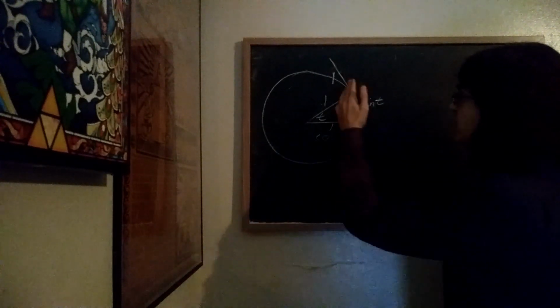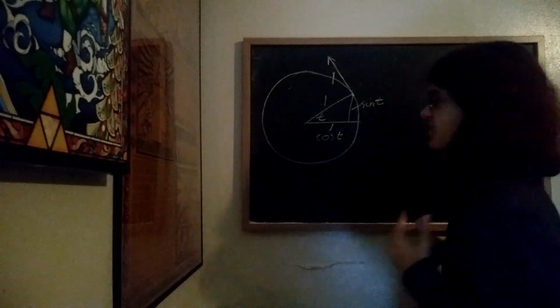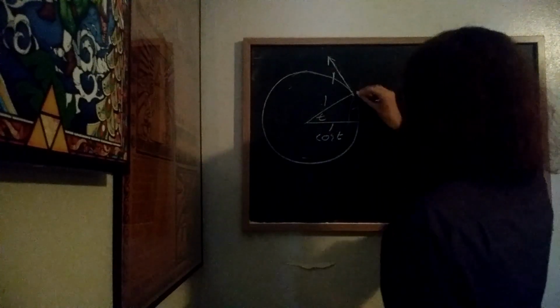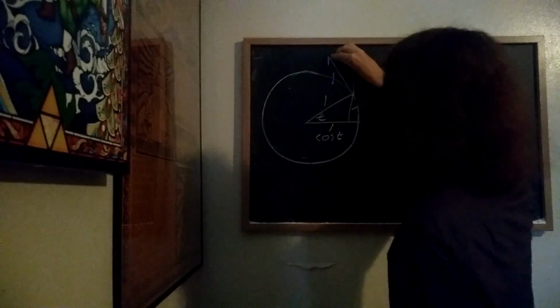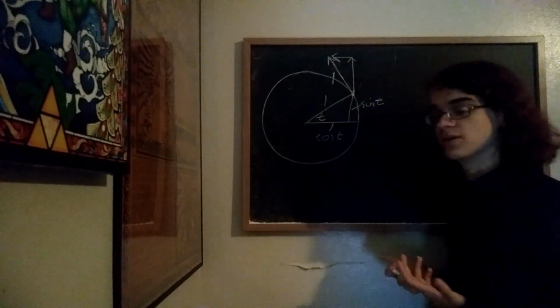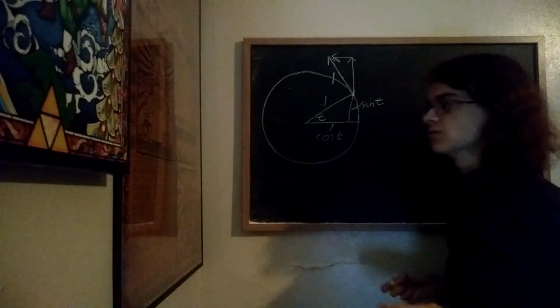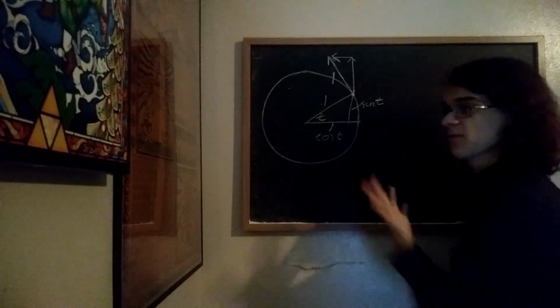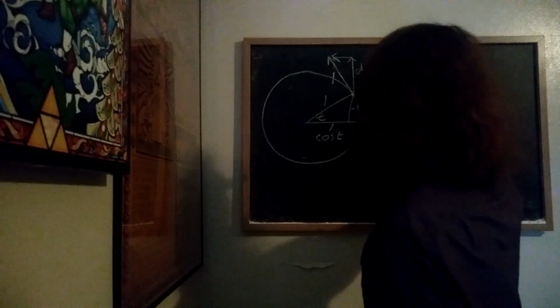Now, this 1 is actually equal to the velocity of 1, and this shouldn't be a surprise since velocity is just a measure of how far something moves in 1 unit of time. And so this distance could be interpreted as our velocity vector, and because it's a velocity vector, it would have an x and a y component, both describing the speed of our x component and our y component respectively. So this y component would be the derivative of the y component of our position, or the derivative of sine.